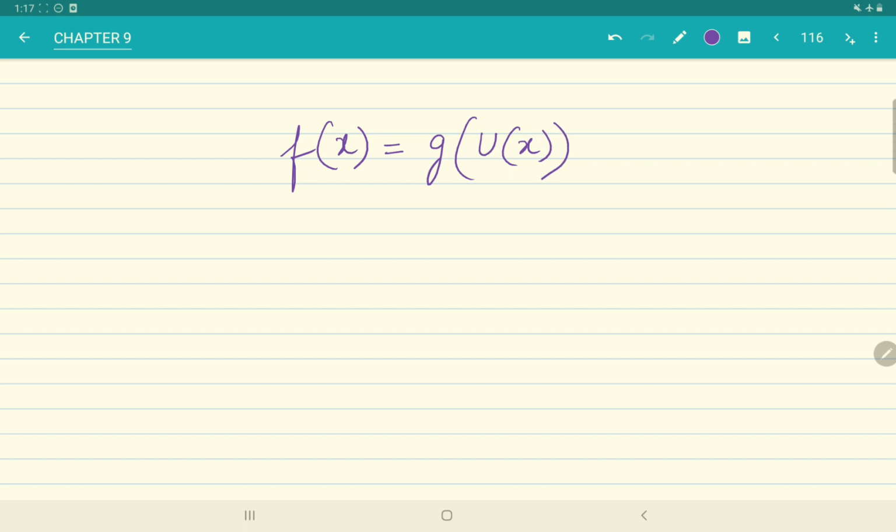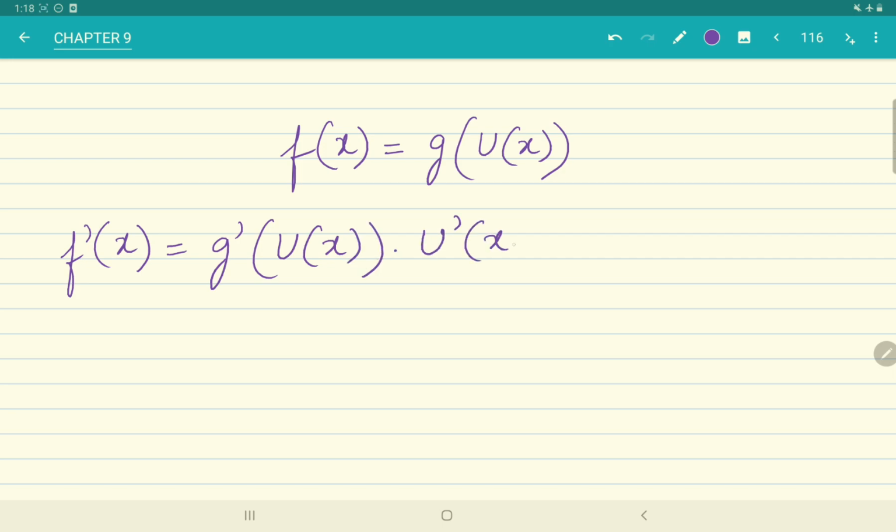And here we are going to prove that this function is increasing and concave. For that, we have to take its first derivative and also its second derivative. Obviously for that we are going to use the chain rule. f prime x is going to be equal to g prime u of x multiplied by u prime x.